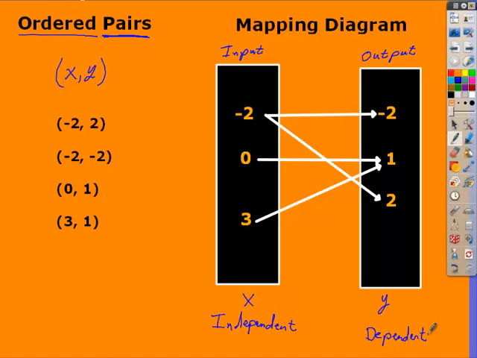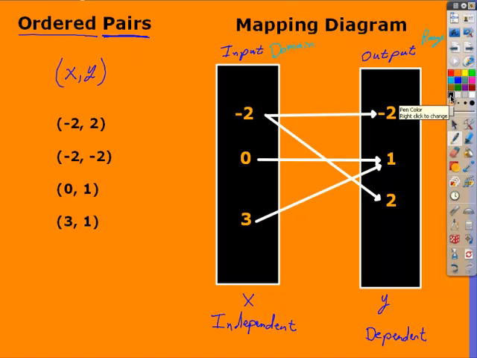Okay? Now, we don't really use input-output too much, or independent-dependent, but what we do use is domain and range. So remember, the domain is the list of all inputs, and the range is the list of all outputs.